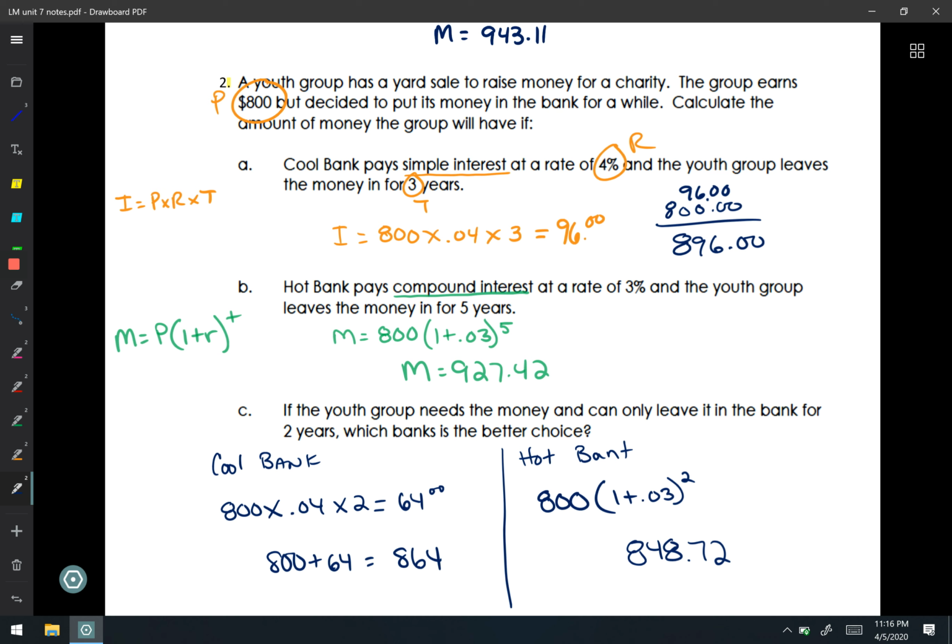What we're getting at here is, even though compound interest in the question above gave us more of a return, when the time is shorter in this situation, we actually earn more money at the other bank. So you have to actually run the problem to figure out which one's going to give you a better option. You can't just visually see. It's not always going to be one or the other. So you have to actually do the math.